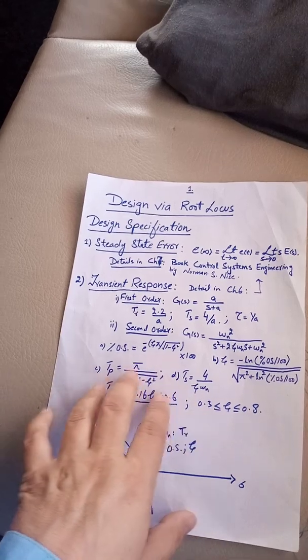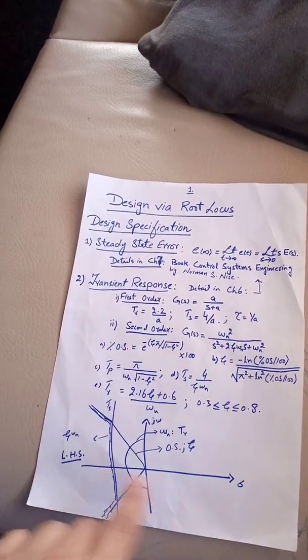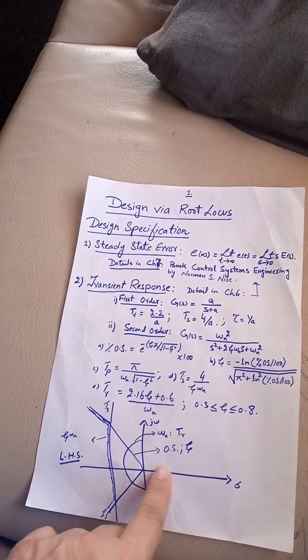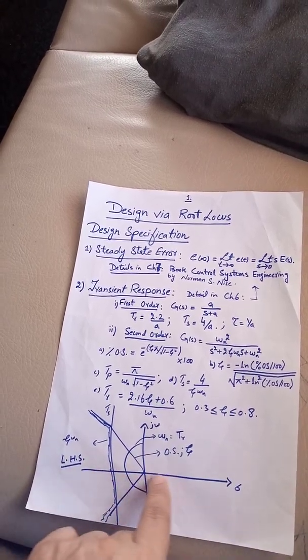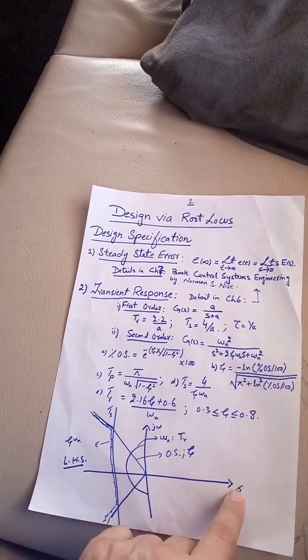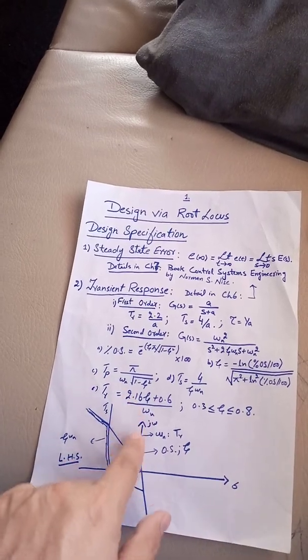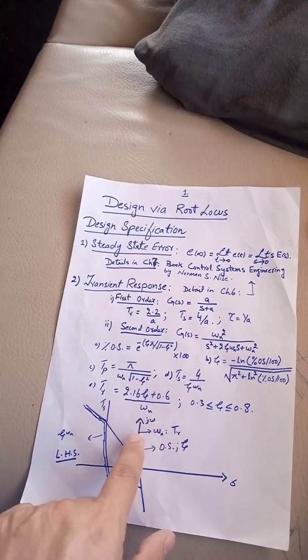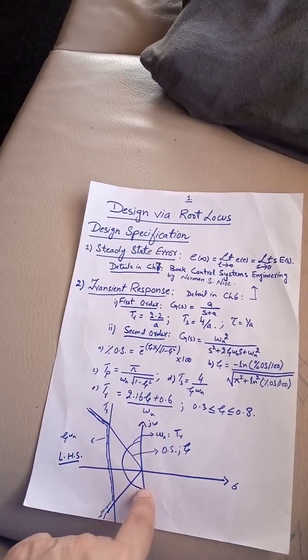Now let us look at how our specifications look in the s plane. This is your horizontal axis, represented by sigma, and this is your vertical axis, represented by frequency, j omega. Omega n tells you about the rise time.